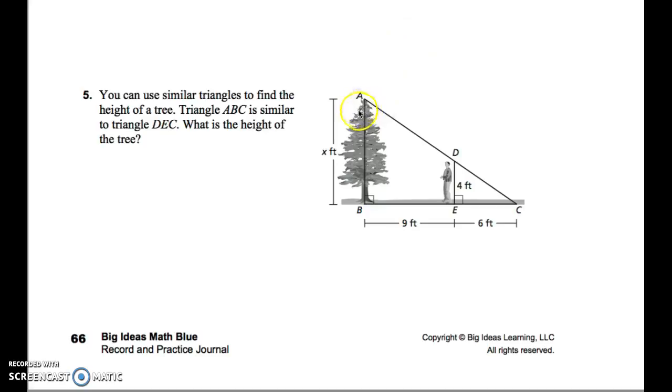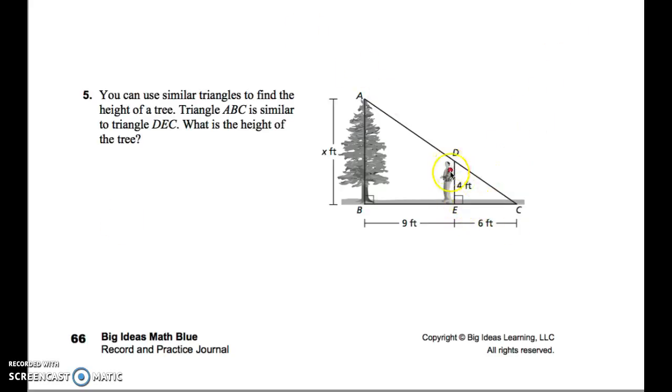So just real quick, this angle A right here would be equal to this angle D right there. Angle B and angle E, they already show you that they're the same because of the right angle. And then angle C is the same on both of them.